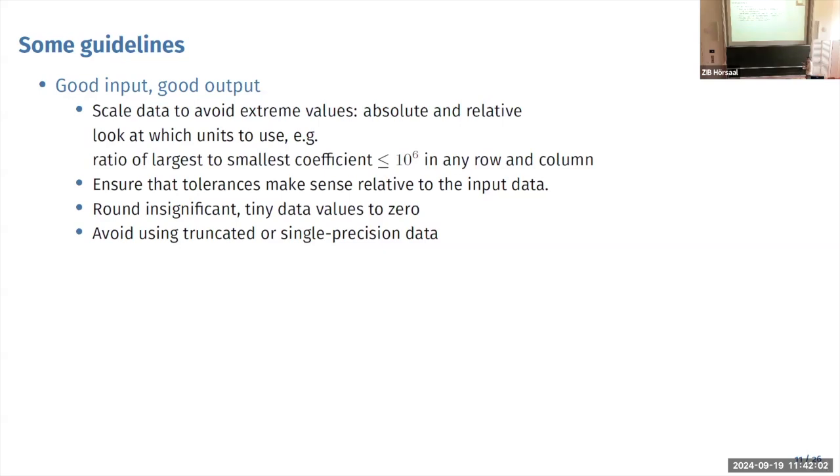So you want to have ideally all of the coefficients not larger than 10 to the 6. But also the ratio between the largest and smallest coefficient in the rows, but also in the columns, in the variables, you want to have bounded. So also this should not exceed 10 to the power of 6.